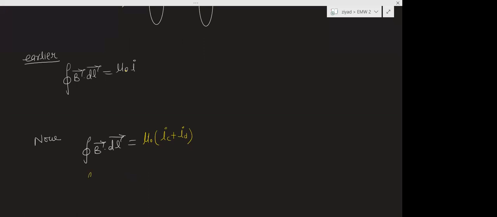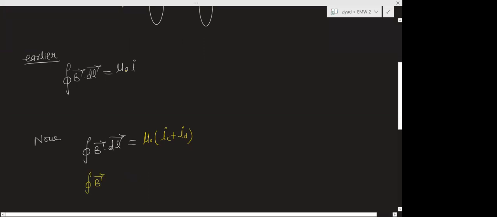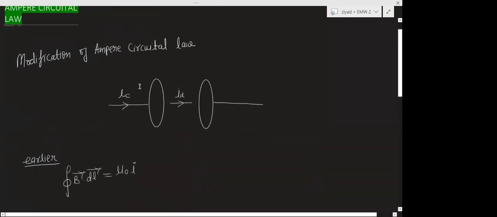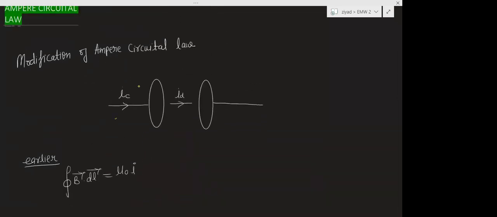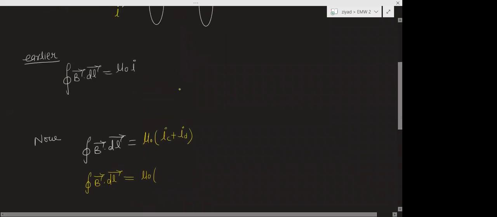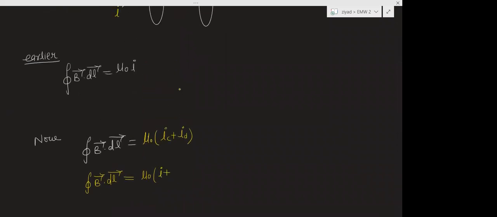So this can be written as the line integral of the magnetic field is equal to mu naught times the sum of the conduction current and the displacement current. The conduction current is simply the current I flowing in the wire, and the displacement current is epsilon naught d phi e by dt. That is the formula calculated by Maxwell.